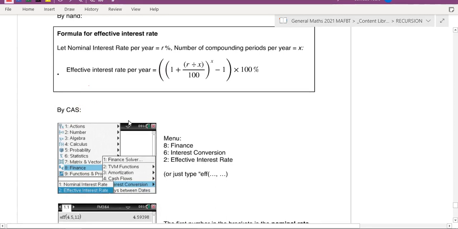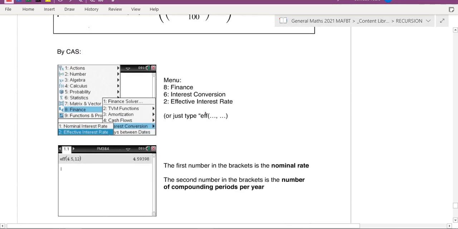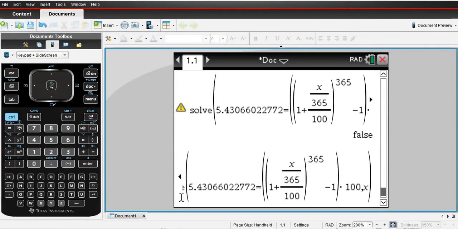Okay, and all you have to do is when you open a calculator, press menu, the number 8, so it's finance, number 6, interest conversion, the number 2, effective interest rate. So on my CAS, I'll also do that, so I'll just get rid of all this.